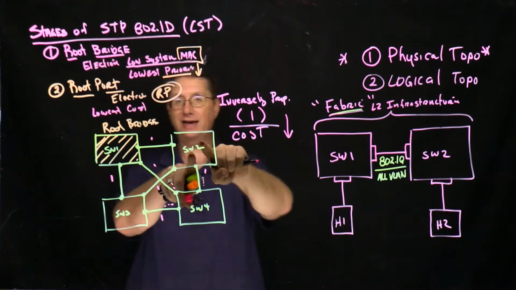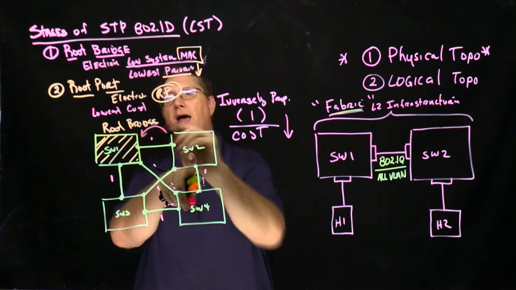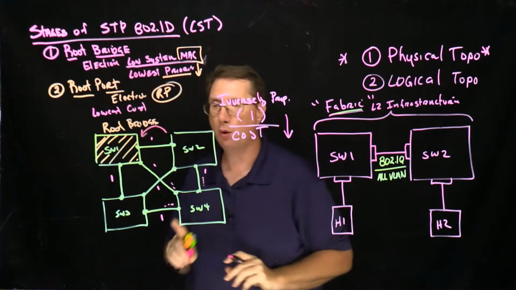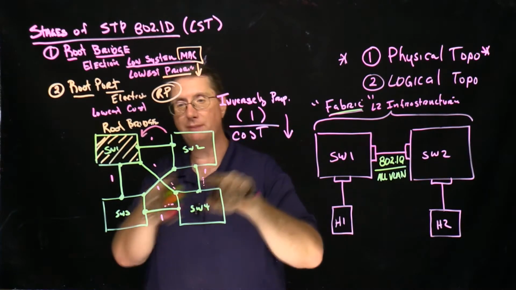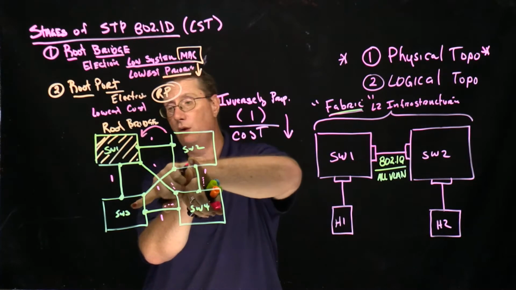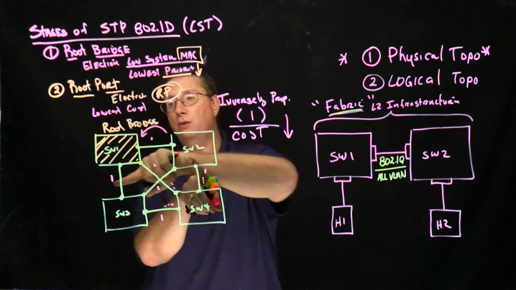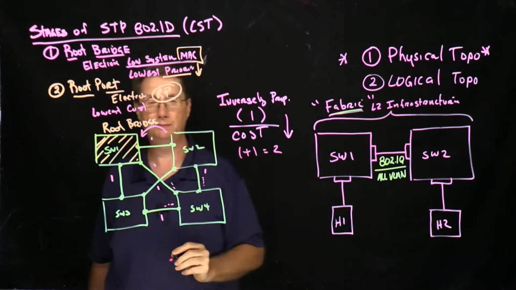As an example, from SW2, if I wanted to go to SW1, I see it's going to cost 1 going out of this link. However, I have two other alternate paths. I could go from SW2 to SW3 at a cost of 1, and from SW3 to SW1 at a cost of 1, which gives me 1 plus 1, which equals 2.